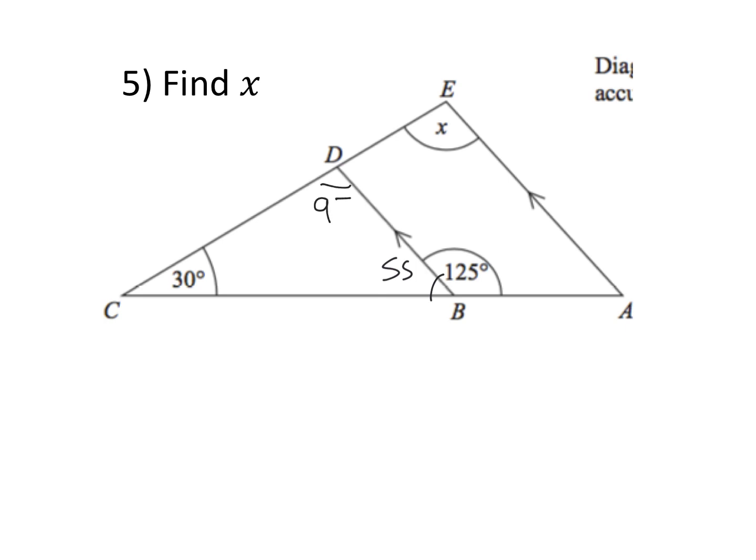So that would make 95 to make 180. And then I know that I have to use these parallel lines at some stage. So what you could see there is I've got this sort of F shape. So these two angles are corresponding. So that means that X is 95 degrees.